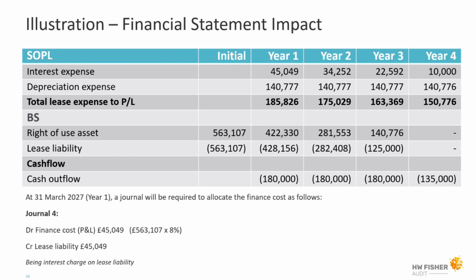But our lease liability, starting at 563, you reduce it by the 180, but then it is being brought back up by the unwinding, that interest expense. So it's why it then differs from your right of use asset.